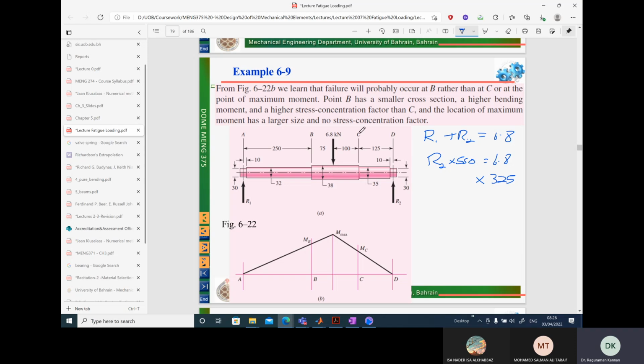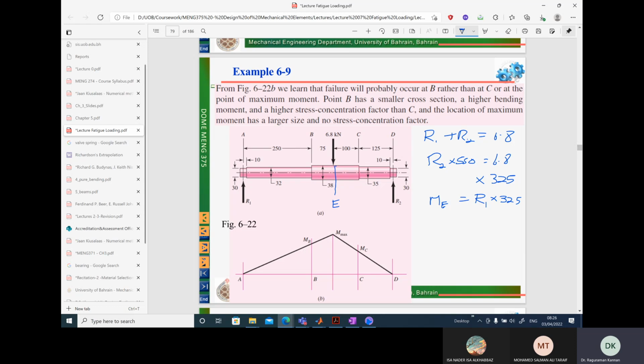So let's consider this point as E. So right at the point E, the internal bending moment must be equal to R1 times the length 325.